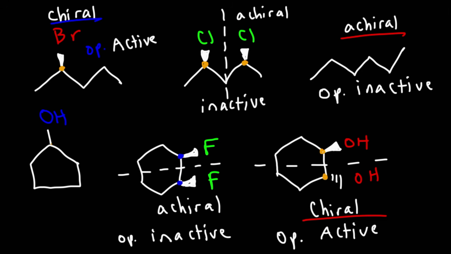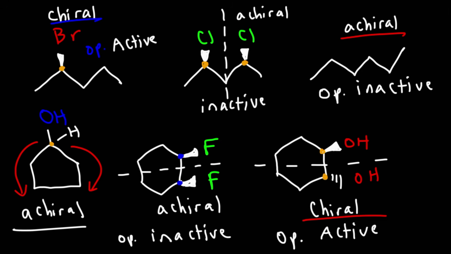Now for the last one, this is not a chiral center. We have a hydroxyl group and a hydrogen, but notice that the left side is the same as the right side. So there are no chiral centers for that molecule. Therefore, this is an achiral molecule, which means it's optically inactive. It will not rotate plane polarized light.